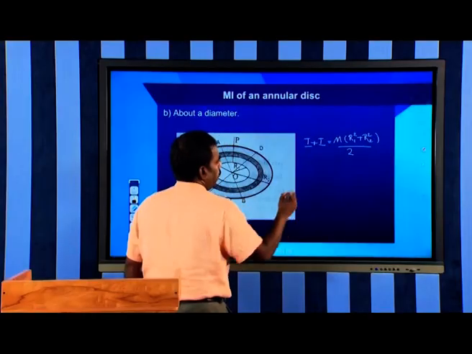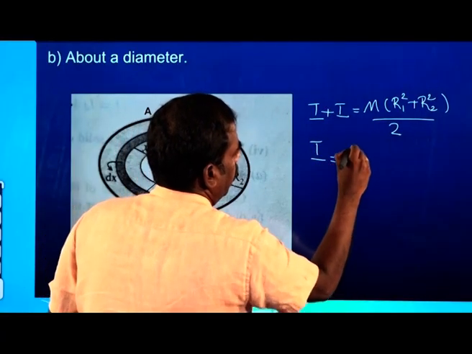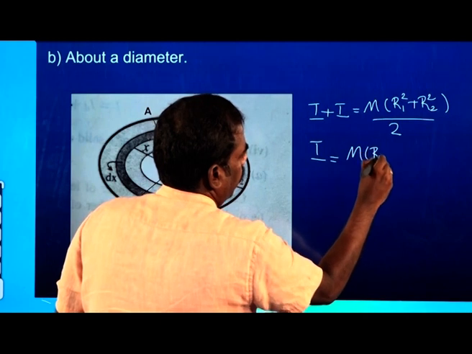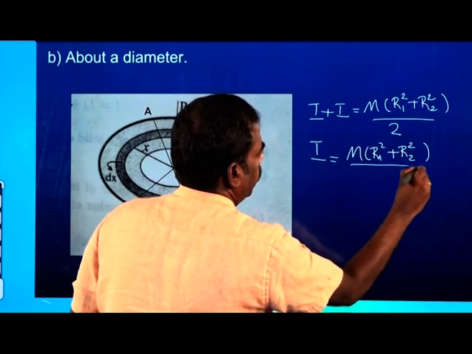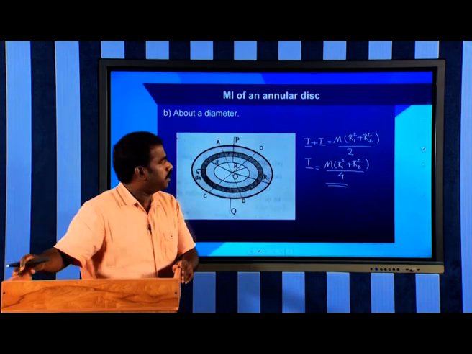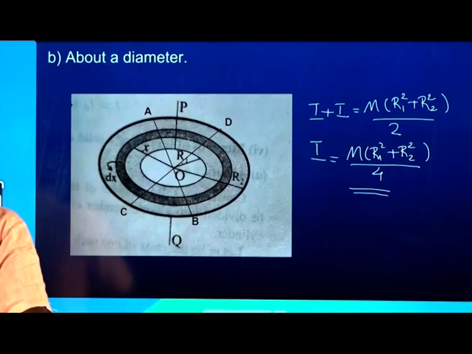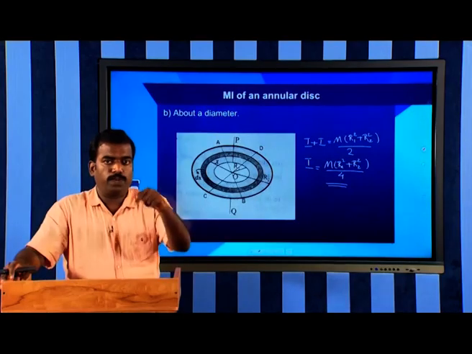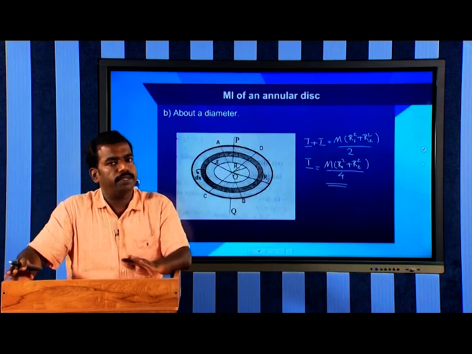So 2I, the moment of inertia of the annular disc about the diameter, I equals M into (r1 square plus r2 square) by 4. So here also we learn two formulas: the moment of inertia of the annular disc about an axis perpendicular to its plane, and the moment of inertia of the annular disc about the diameter.